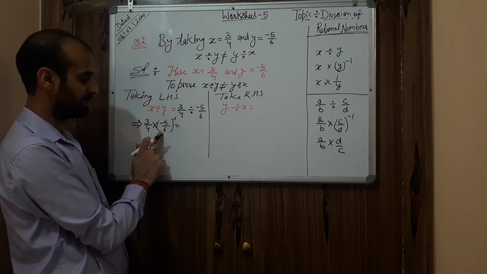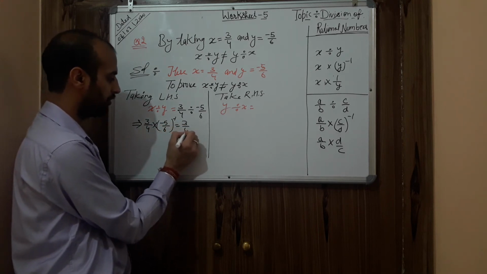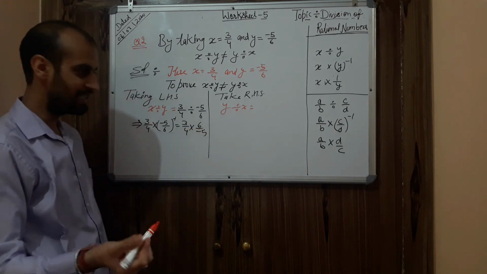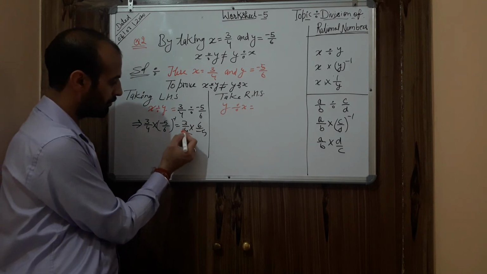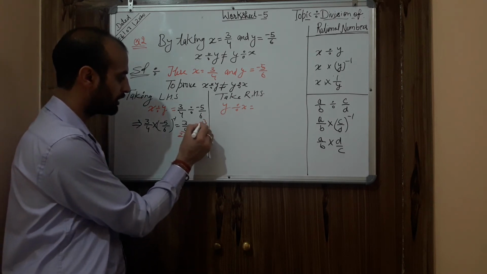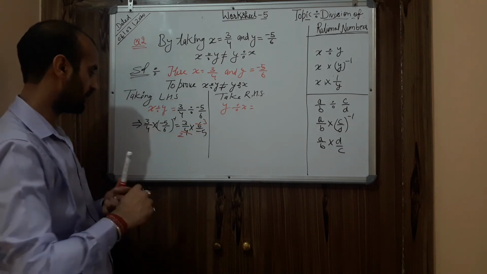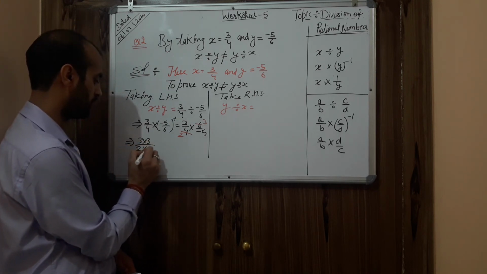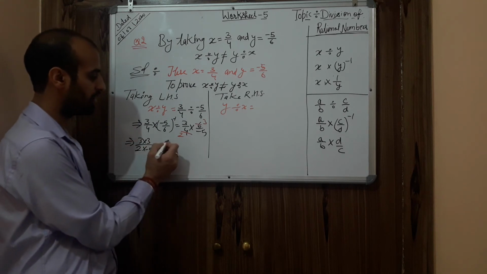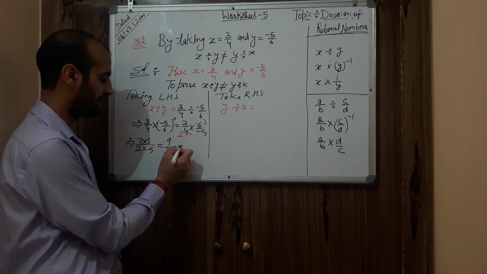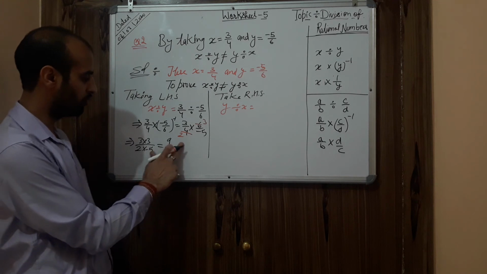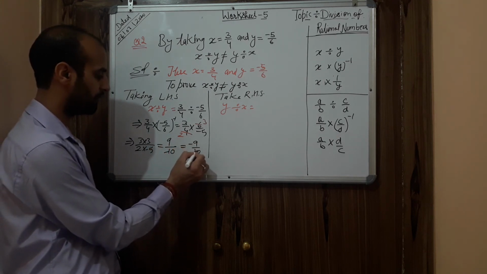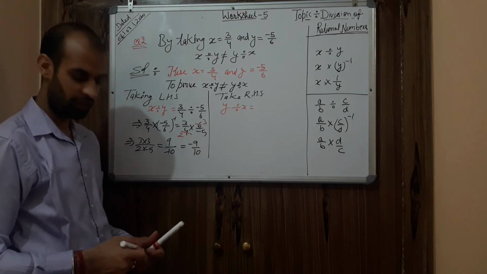After taking the reciprocal, we can cancel 4: 4 twos are 8, 2 threes are 6. Write all that is left: 3 into 3, 2 into minus 5. 3 threes are 9, 5 twos are 10, but negative sign. So you can write it as minus 9 upon 10. This is the first part.